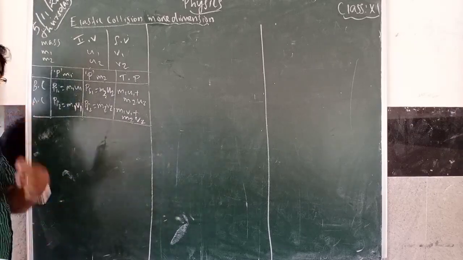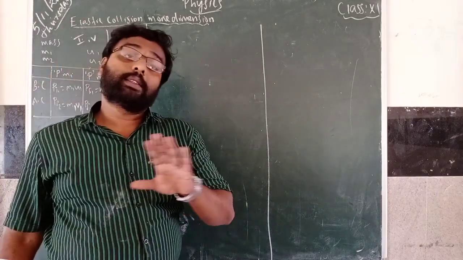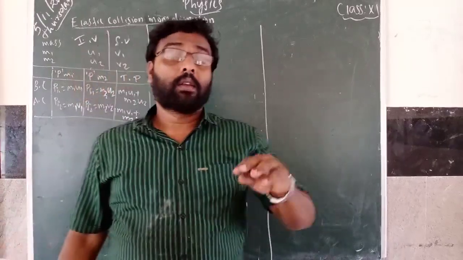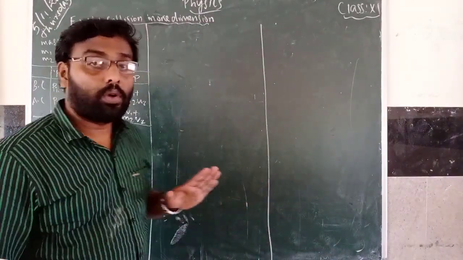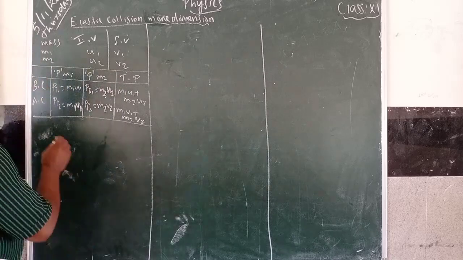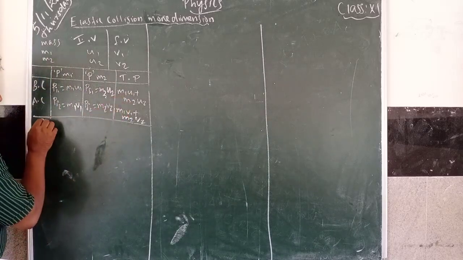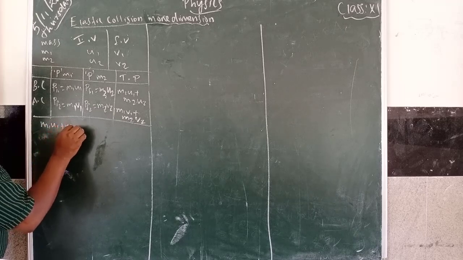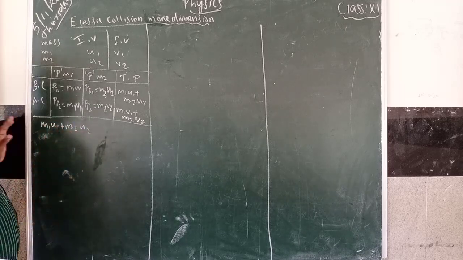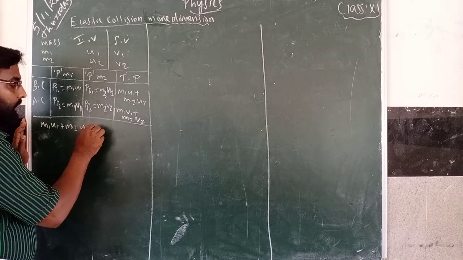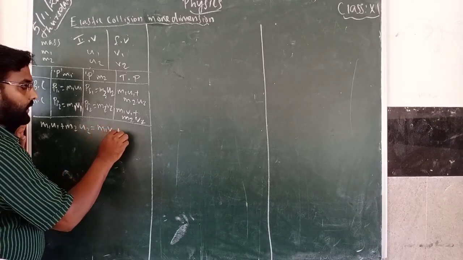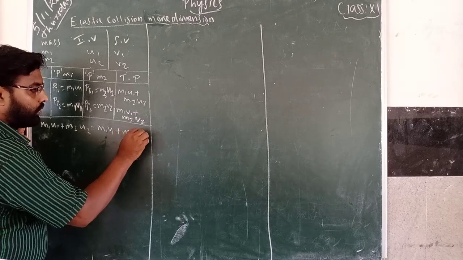Now we know that total momentum is conserved, which means momentum before is equal to momentum after. So you can write m1 u1 plus m2 u2, the momentum before collision, is equal to m1 v1 plus m2 v2, the momentum after collision.